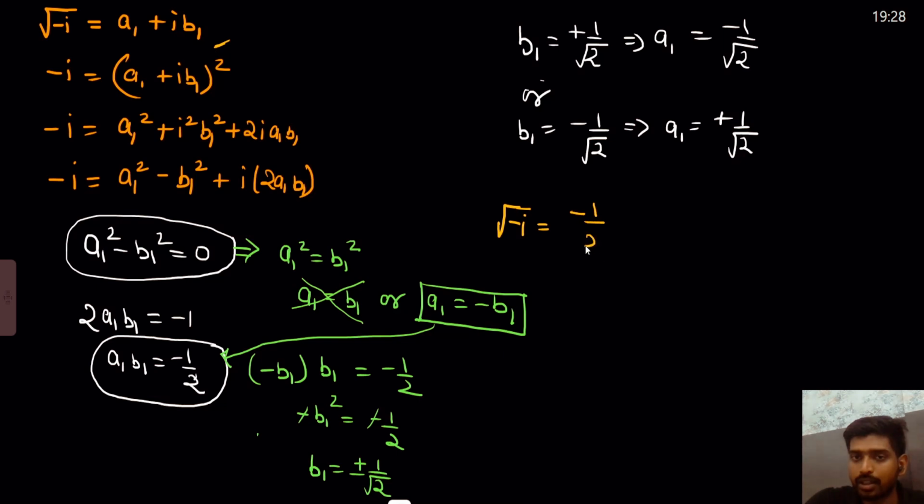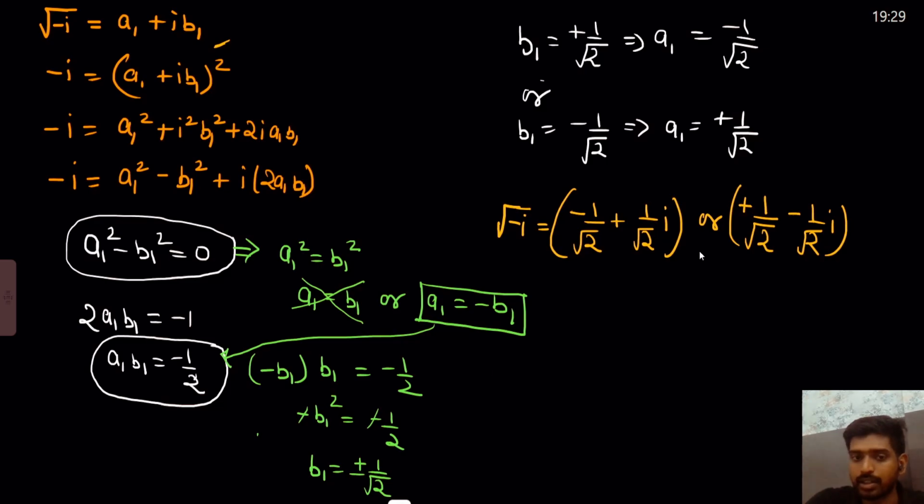Minus 1 by root 2 plus 1 by root 2 iota, either this or, sorry, plus 1 by root 2 minus 1 by root 2 iota. Either this or this.